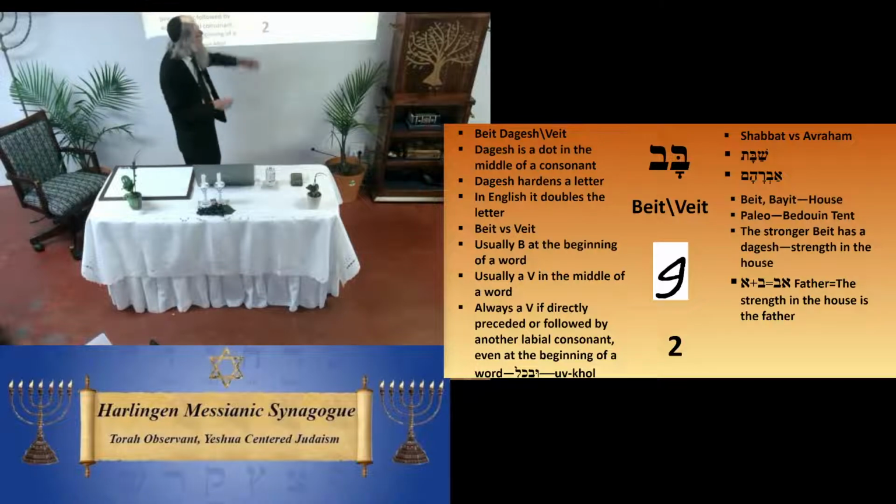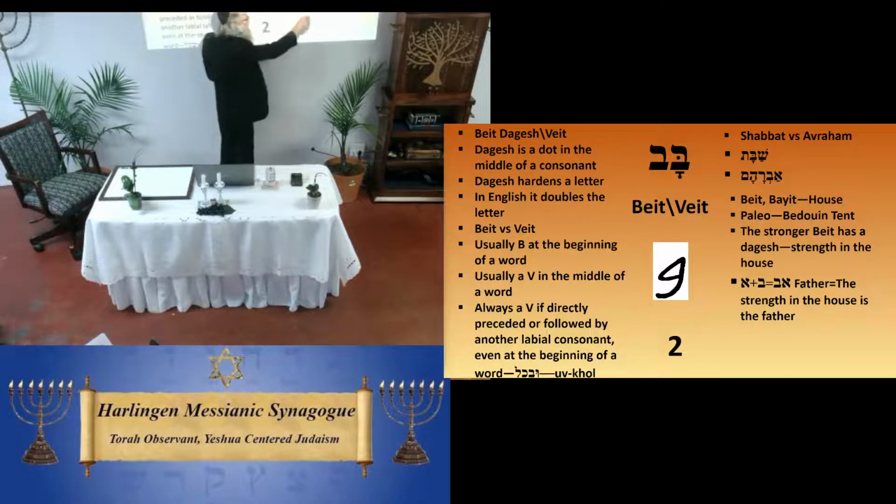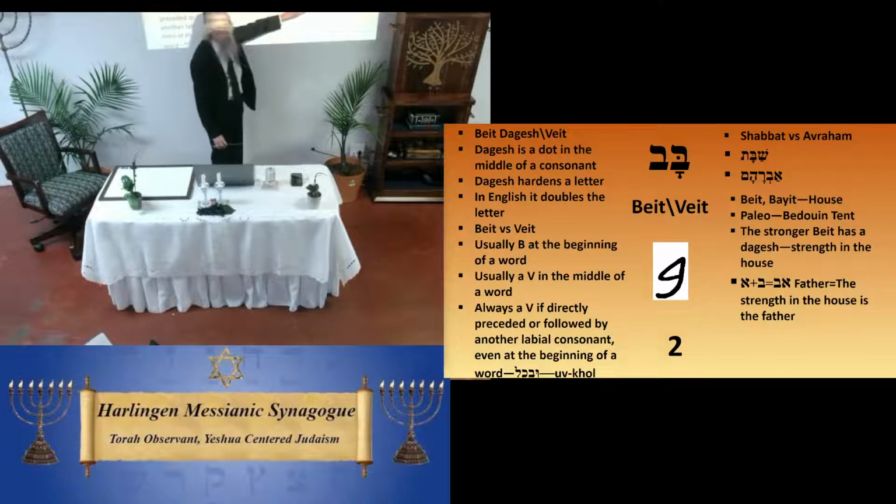Next. So notice you have here Aleph, Bet. Aleph plus Bet. What did I tell you the Aleph represents? The significance of Aleph is what? Strength. And Beit is house.